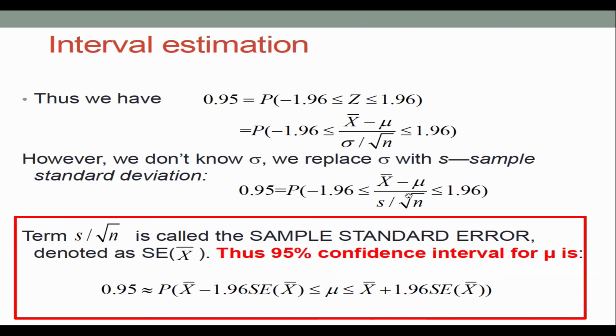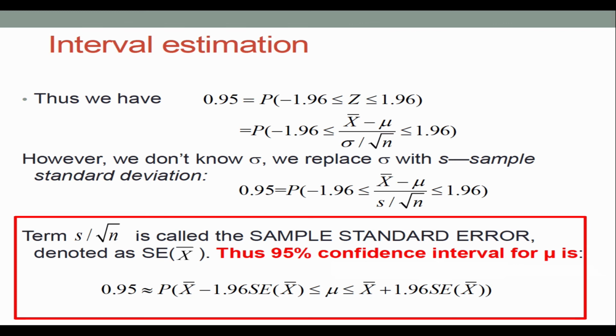You just do some calculations from X bar. You can see here, we have 0.95 equals the probability that negative 1.96 is less than or equal to X bar minus mu divided by S over square root of n, which is less than or equal to 1.96.